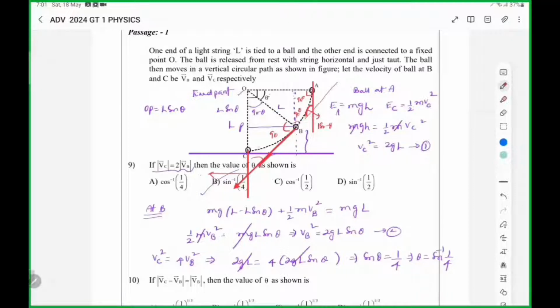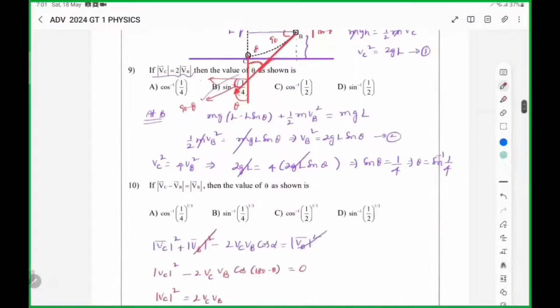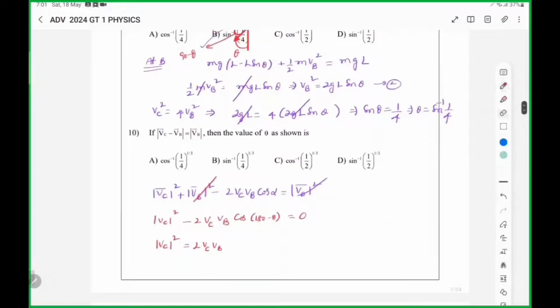It will be theta. Sum of three angles. This angle will be 90 minus theta, which is here. Vc will be sin theta. You get here Vc equal to 2 Vb.